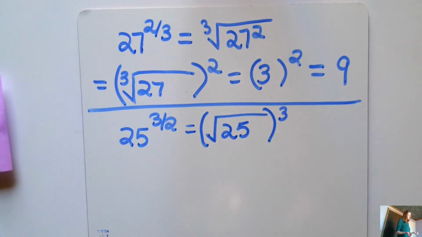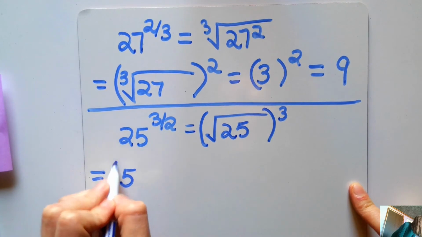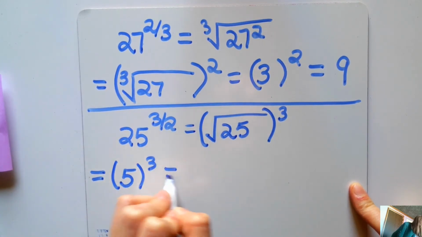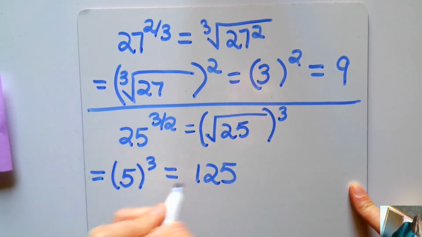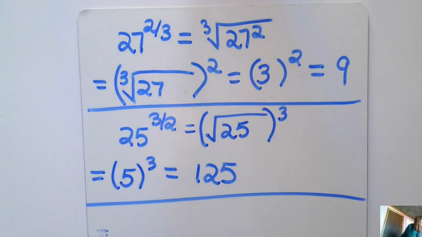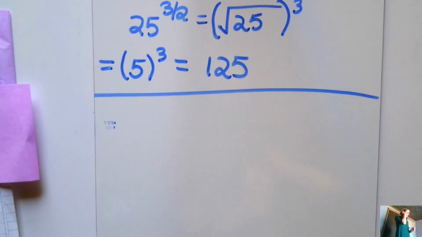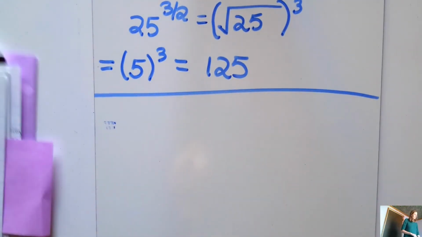Principal square root of 25 is 5. And then cubed becomes 125.